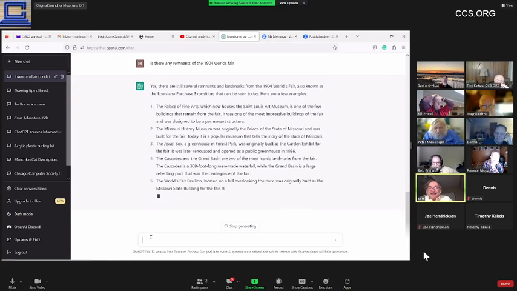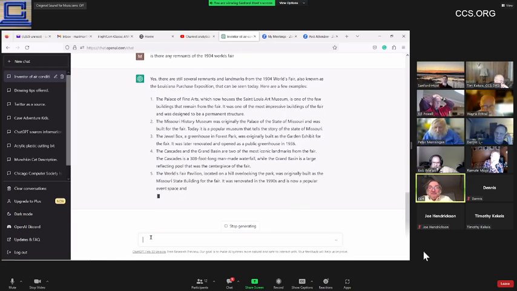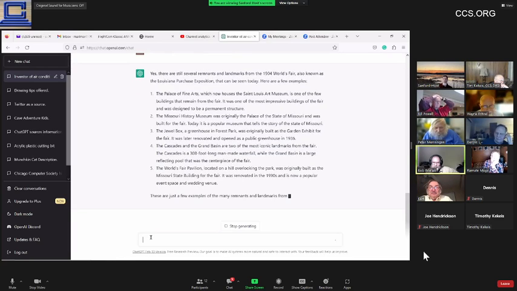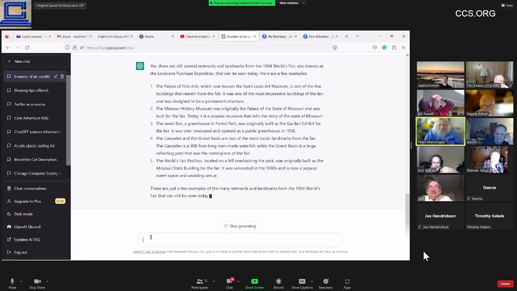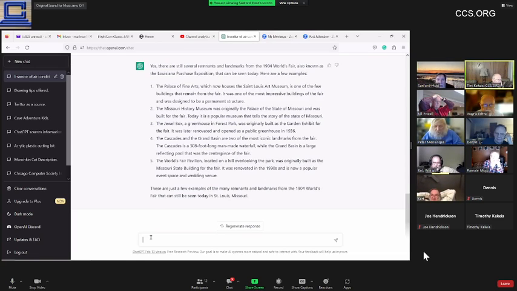Pavilion. Missouri State Building. These are a few. Nothing about the birdcage. I thought they said the jewel box. Yes, the Jewel Box is a greenhouse in Forest Park. This is just a few examples.